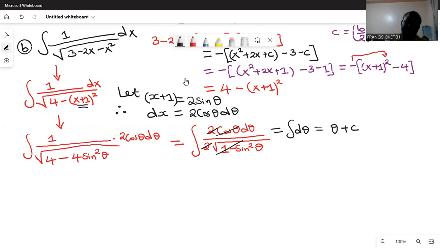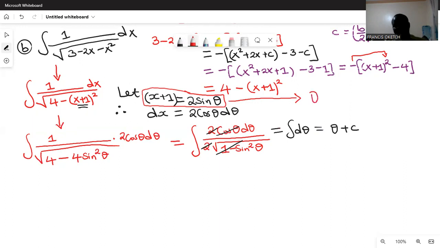And that should be our answer, but you need to replace theta so that you leave your answer in terms of x. So to get theta, go back to our substitution. In this substitution, make theta the subject. Start by dividing by 2 so that we have (x plus 1) over 2 is equal to sine theta. Then take sine inverse on both sides.